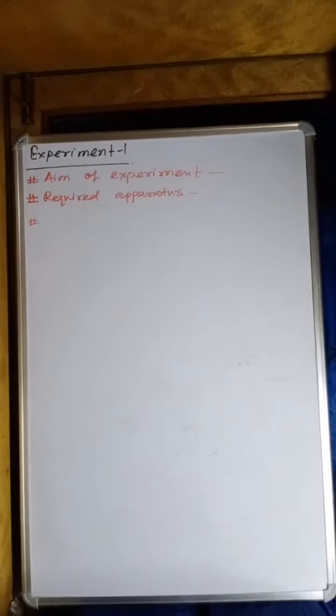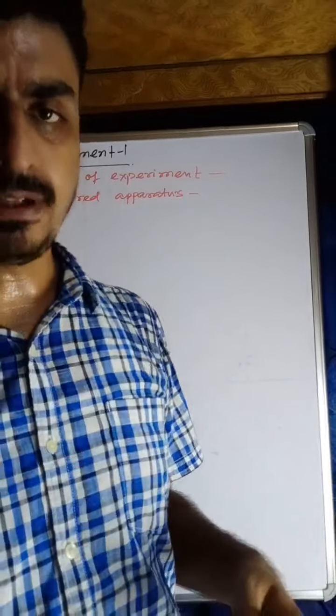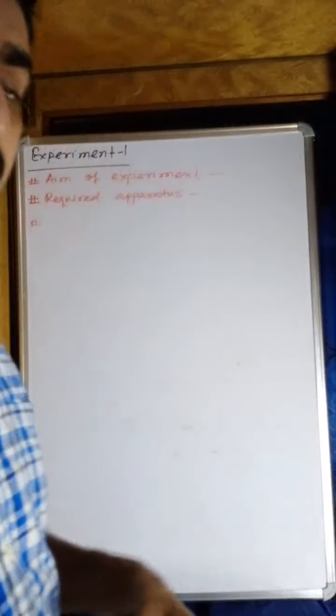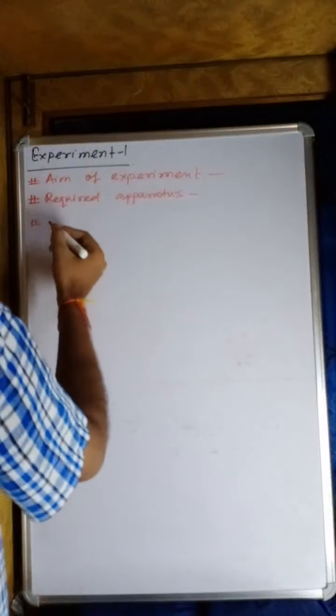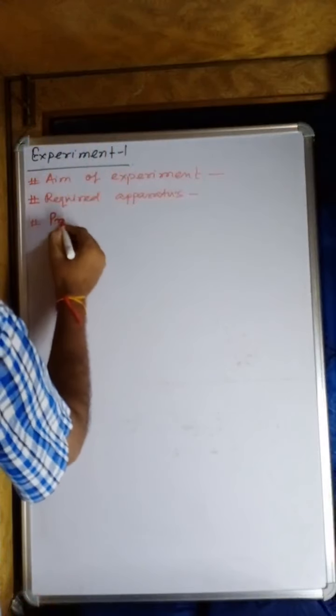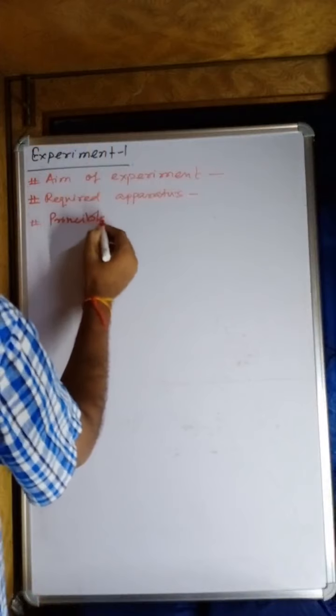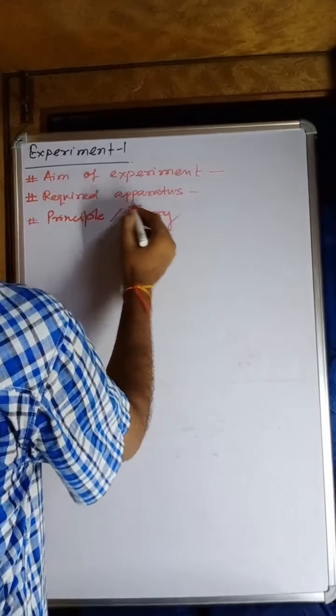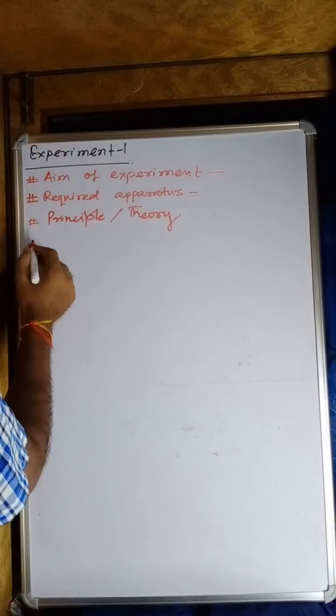So to use that apparatus you need some principle and theory over which this particular experiment is based. So it will be the principle or theory. Okay, you have to write principle or theory.